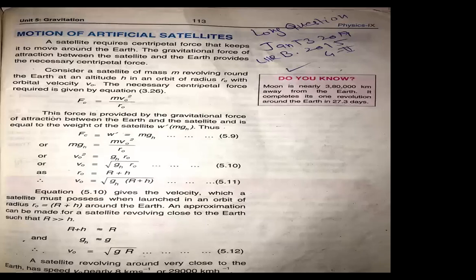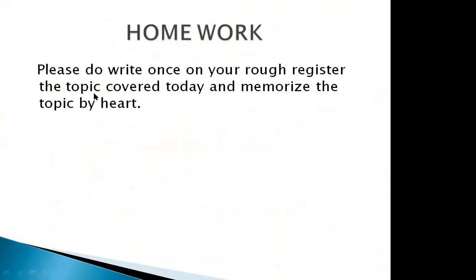Your homework is to write once on your rough register the topic covered today and memorize the topic by heart. We talked about the satellite, the definition of satellite, then what is a natural satellite and what is an artificial satellite, and then the motion of the artificial satellite, deriving the equation.